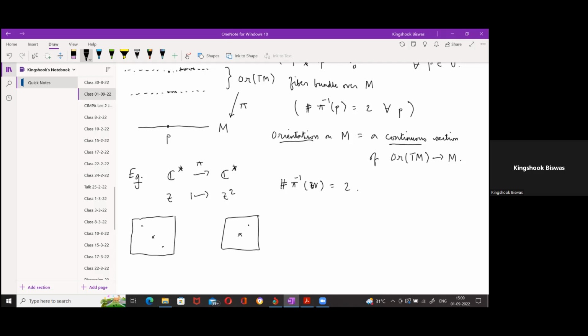Can you choose a section here? Do you have a continuous section? What is your answer? Is there a section? I mean, if we keep on choosing from one half plane, won't that help?